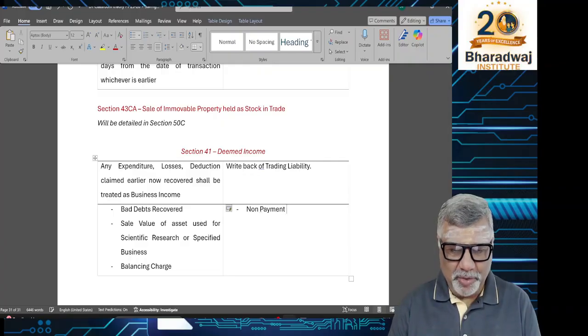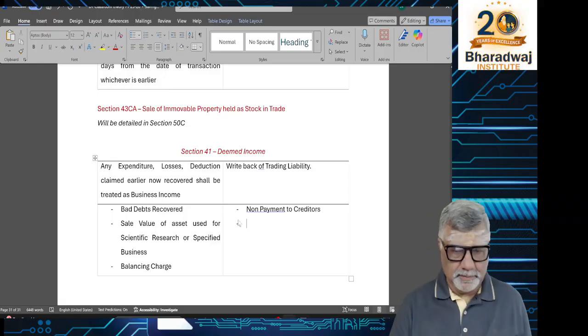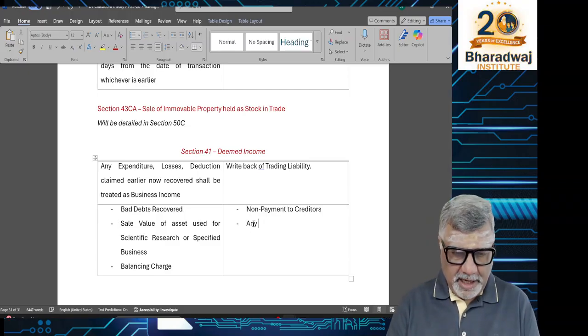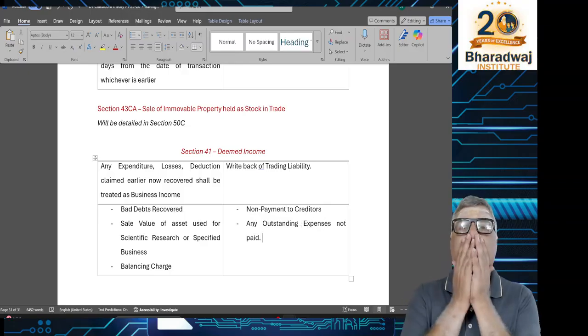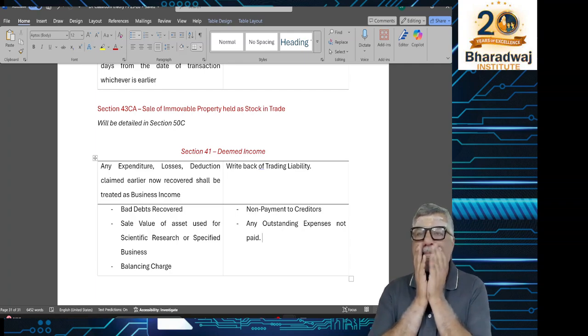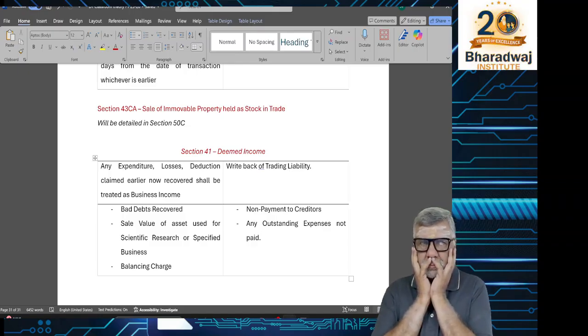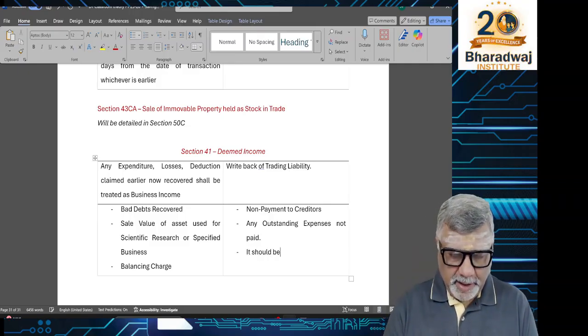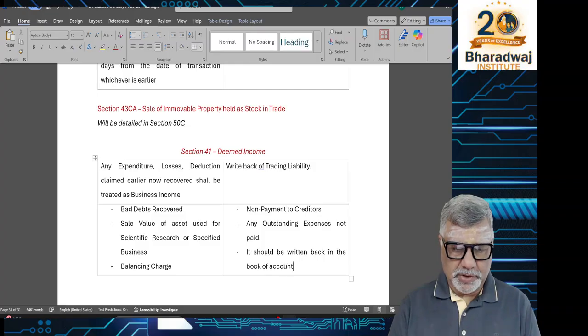Non-payment to creditors, any outstanding expenses not paid, it should be written back in the book of accounts.